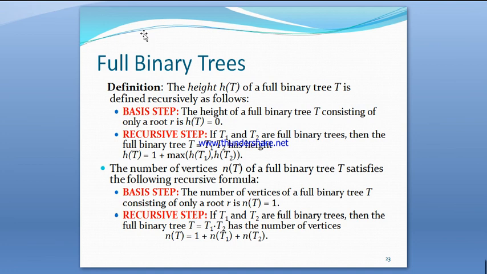So this is how the height of full binary trees is defined recursively. Similarly, the number of vertices of a full binary tree can also be defined recursively. Using the basis step, the number of vertices n(t) equals 1 because only a root is there.